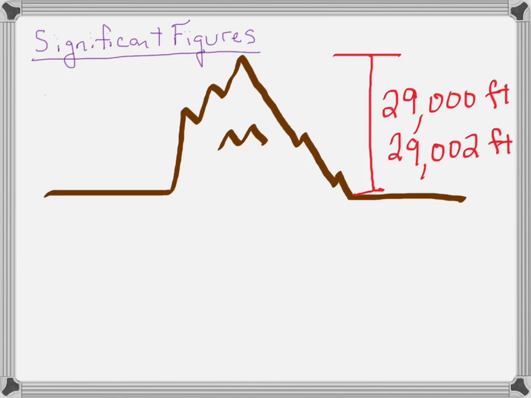The reason we have this is to accurately convey how precise our measurement is, so that when we give a number like 29,000 feet, and it's exactly 29,000 feet, we can convey how accurate that measurement is. And so we wanted significant figures as a way for us to tell what we do know from a measurement and what we do not know from a measurement.